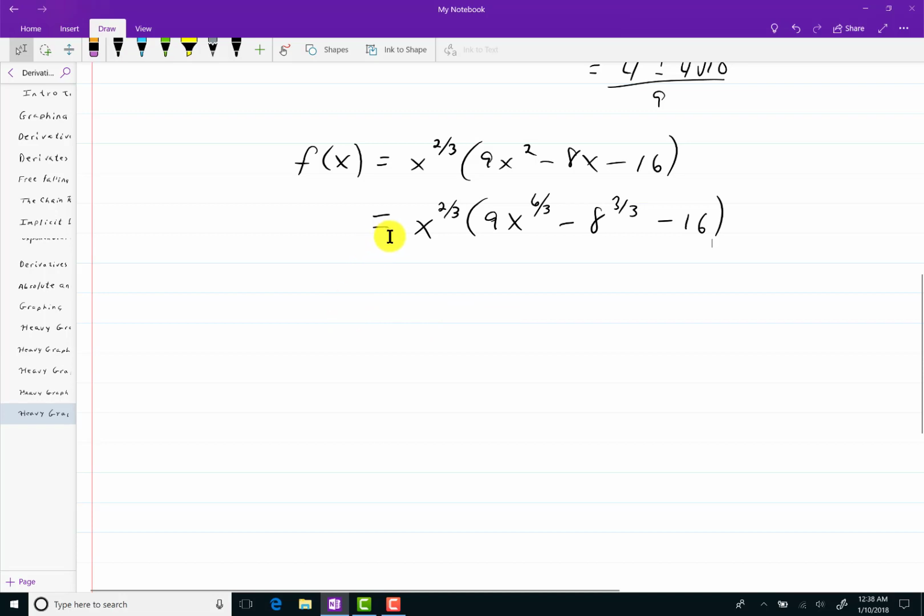That way when I multiply through and add exponents, here's what I will get: 9x to the 8/3 minus 8x to the 5/3 minus 16x to the 2/3. That way you can just use the power rule throughout this whole thing instead of worrying about a product rule and then trying to make powers work when you add everything up together. So I'm going to use this version of it for my derivative.